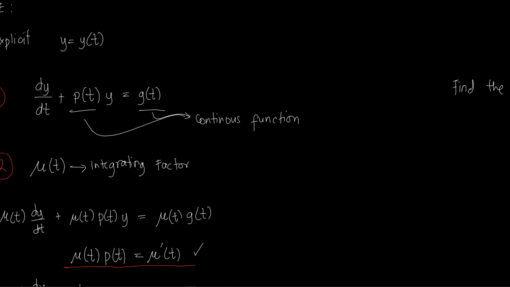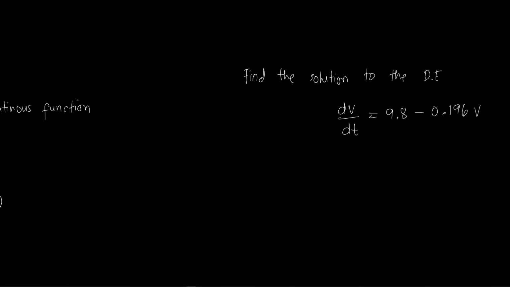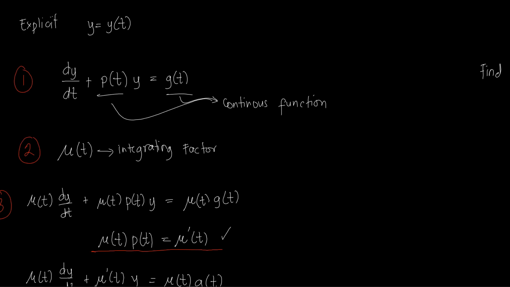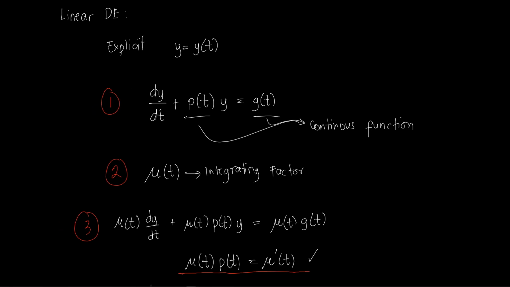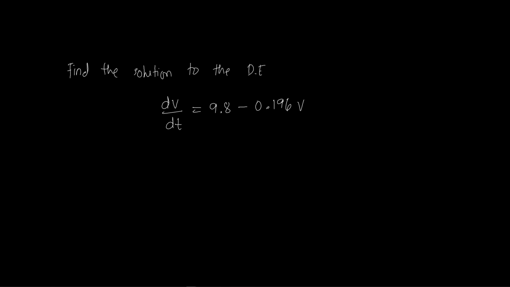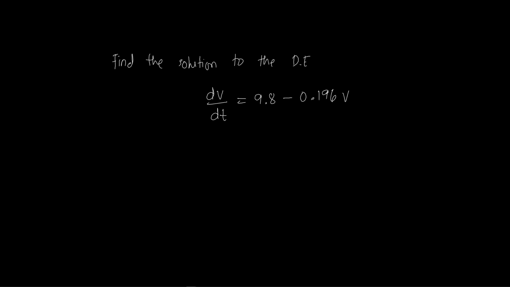Sige, balik ta. So, asa ta to? First step is dapat forma na to siya og ing-ani nga form. So, ang atong buhaton, ibalhin na to ning negative 0.196 sa pikas nga side. Tama ba?